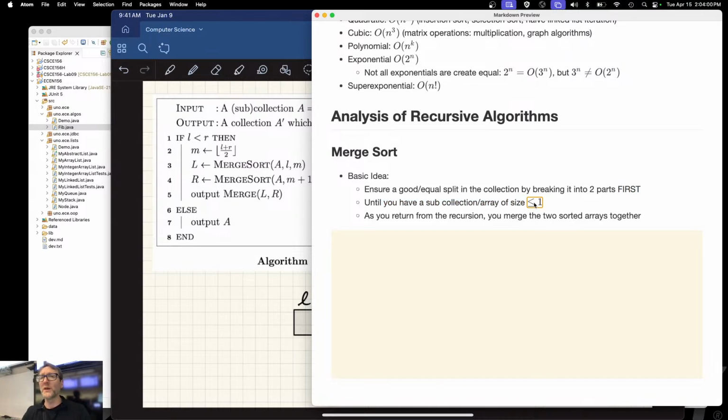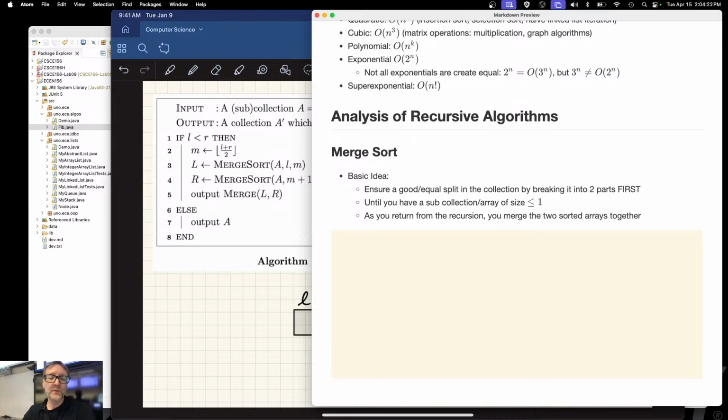It could be 0, because if you have 7 elements there, you end up breaking it up into 3 and 4. 3 gets broken up into 1 and 2, and then 1 gets broken up into 0 and 1, right? But you could have an empty array, right? As you return from the recursion, you merge the two sorted arrays together, right?